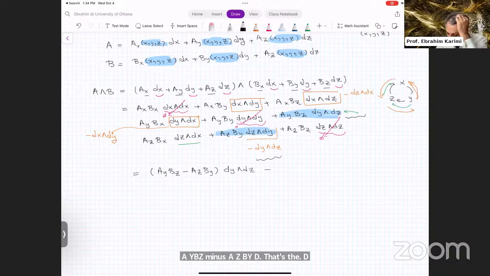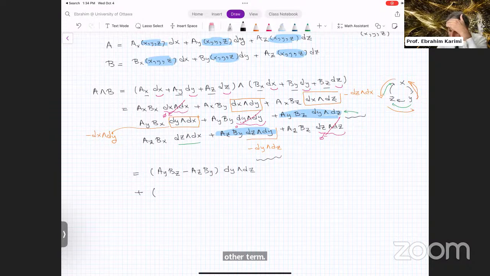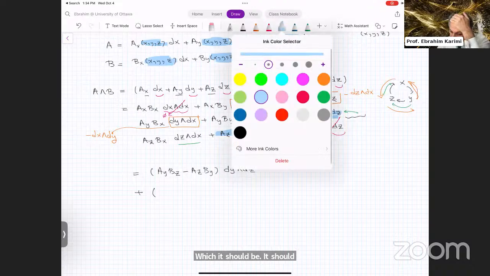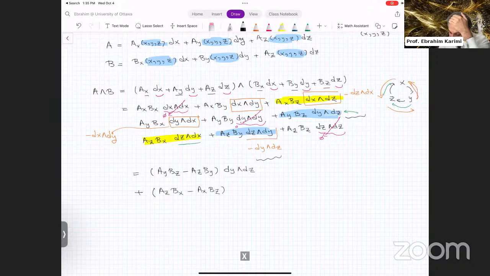Then I have another term, which should be this one and that term. It will be az bx minus ax bz, dz dx.